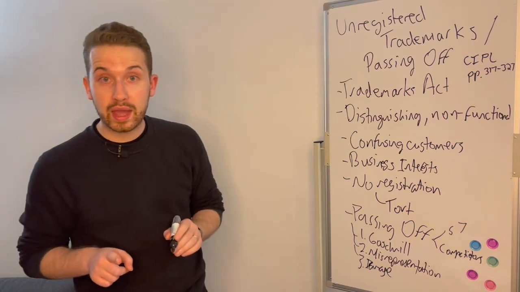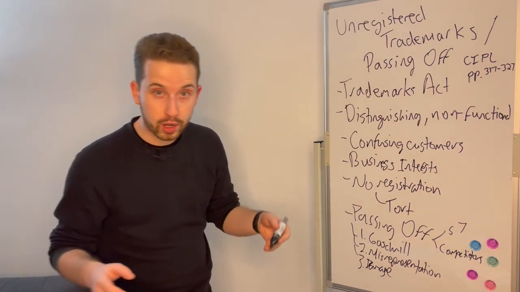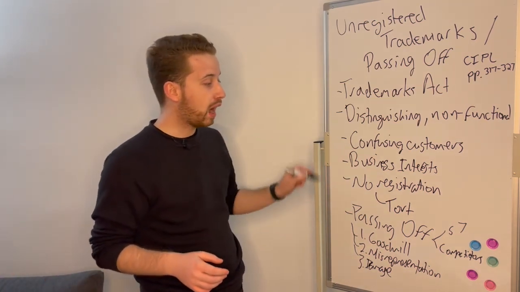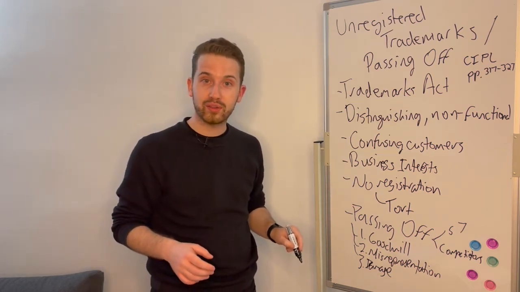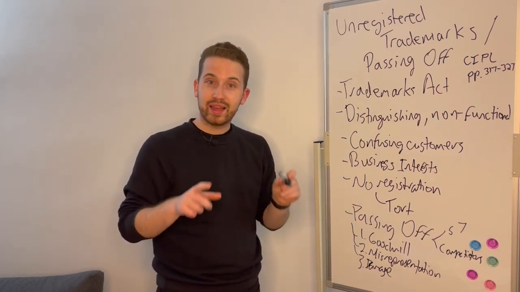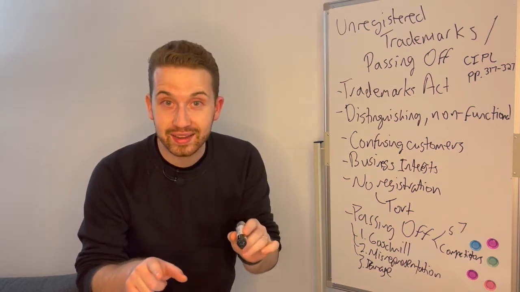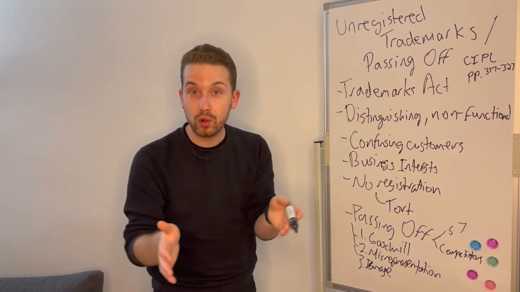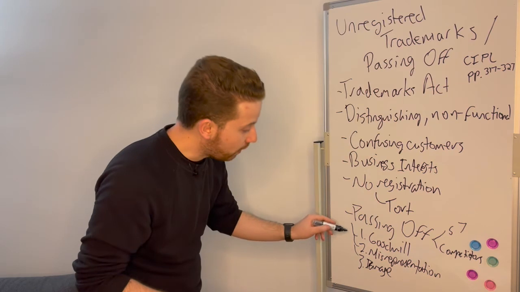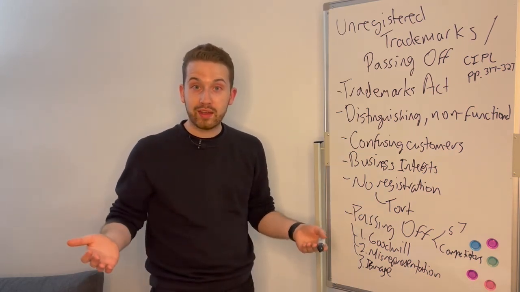The other thing that I think is interesting to think about from a more philosophical standpoint is how this is really for rich companies. What's interesting here is that the law does the opposite of protecting the little guy. By saying you have to have goodwill, they're saying you have to have a reputation.